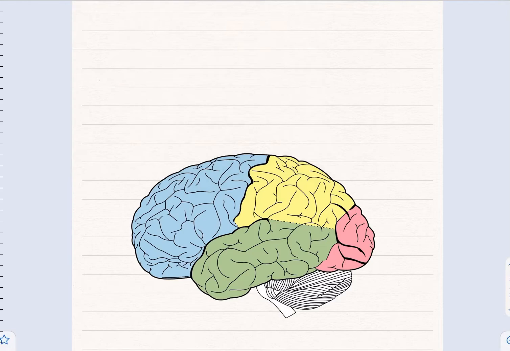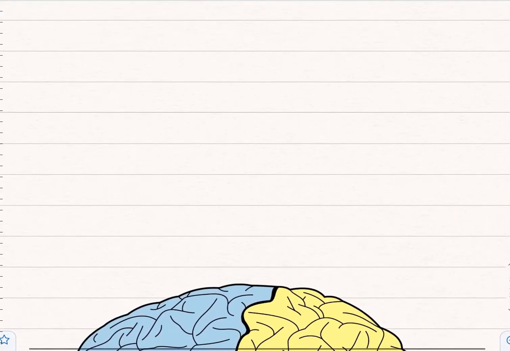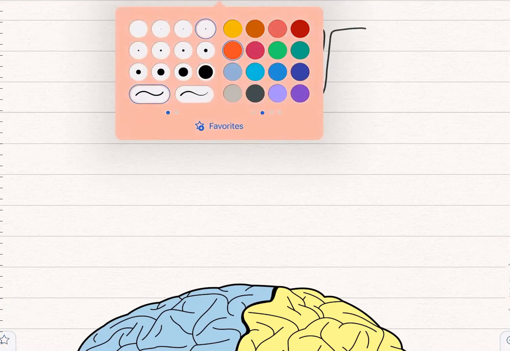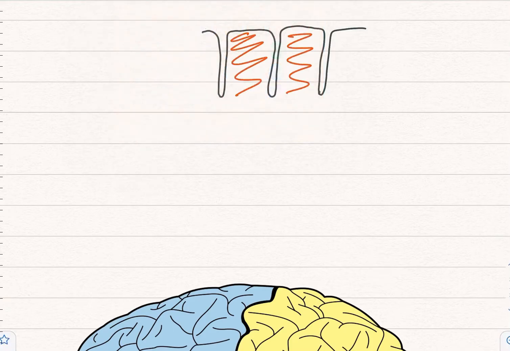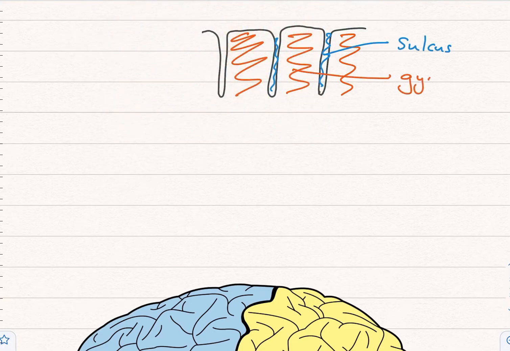So if we zoom into the brain, it kind of looks like this, where you have these big bits that clump together, and then these gaps in between. So these gaps are called sulcus, and these bits here, gyrus.